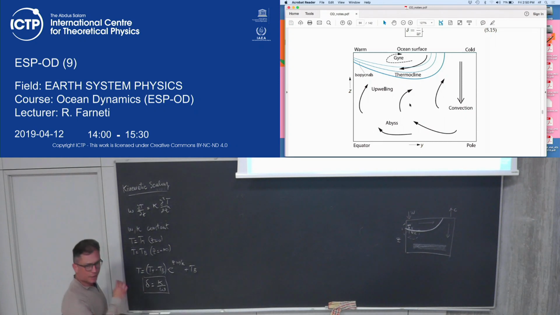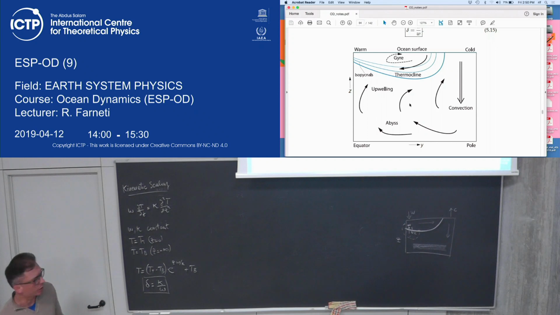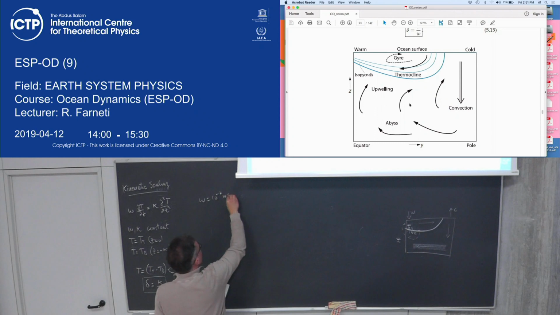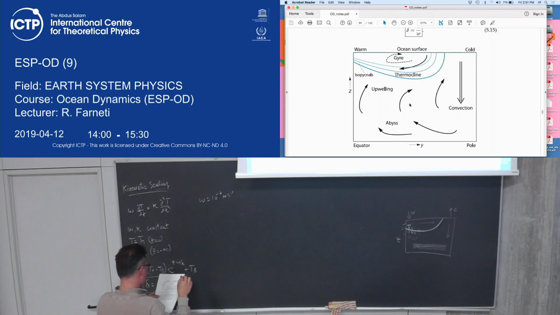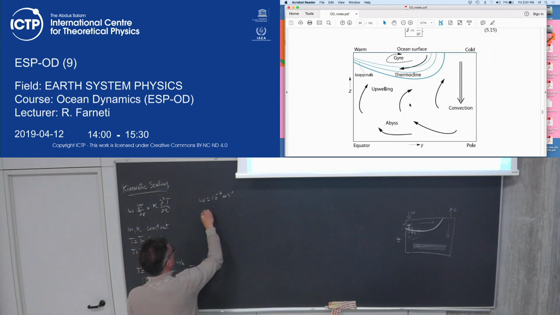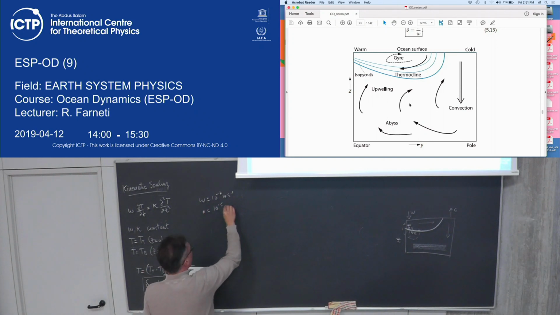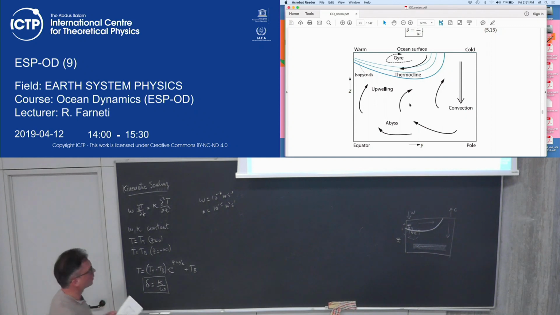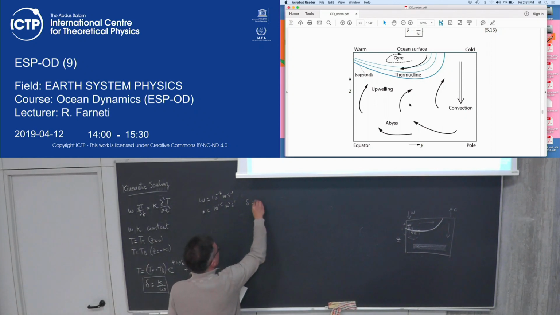Okay, so this is the first estimate of the thickness of the thermocline that we reached, and we can try to put some numbers here. So if we put a vertical velocity of 10 to the minus 7 and a diffusivity which is close to observed values of 10 to the minus 5, then in this case you get a delta which is something like 100 meters.